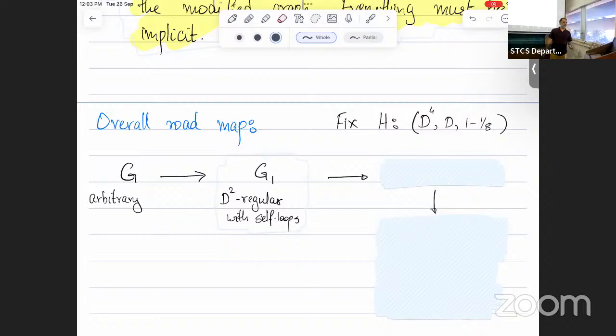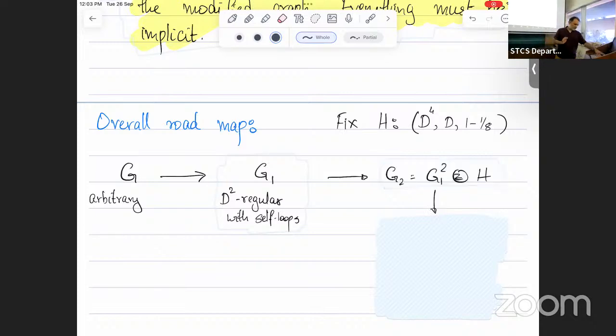The first step is going to be to make it regular and also in the process add some self loops. This is just to ensure that the conditions for my previous construction hold, that is, I want the connected component to not be bipartite. If the underlying G was bipartite, this is something that we have to deal with. So I'm just going to ensure that I put one self loop in every vertex just to ensure that it's not bipartite. Okay, so that is G1.